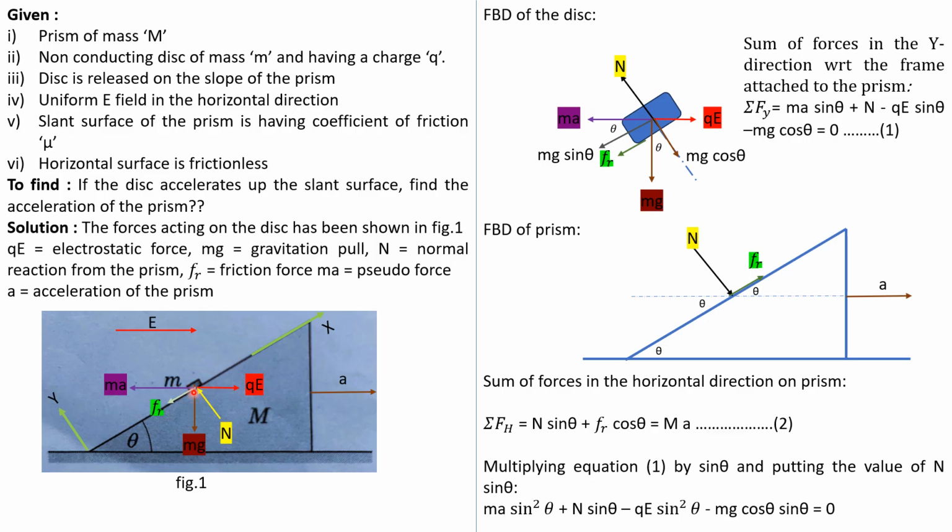Because the disk has been said in the question to be accelerating upwards, friction force will be opposite, so Fr has been shown in this direction. We have assumed that the prism is moving with an acceleration a in the horizontal direction, so ma will be the pseudo force on the disk.